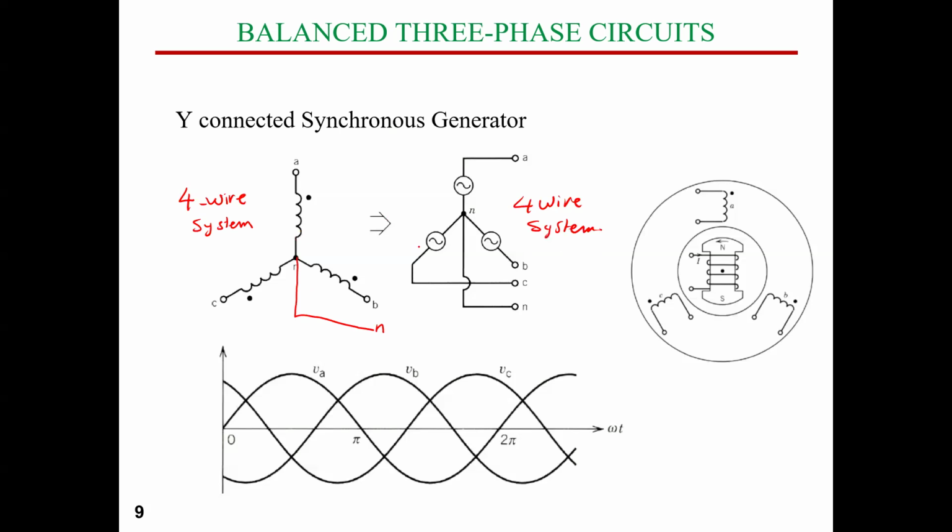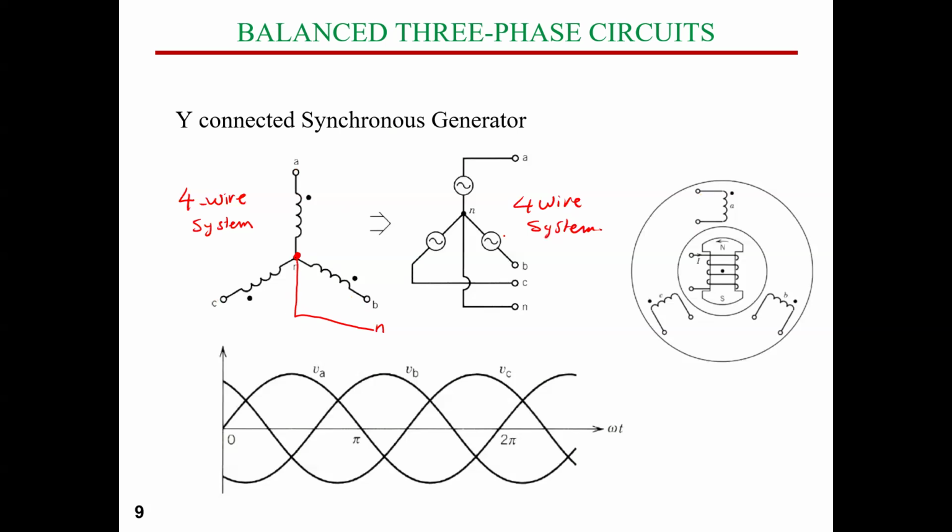So in this synchronous generator, guys, the three phase windings are already wound inside the machine, and every phase will have two terminals, and these two terminals are connected outside like that. Three starting terminals A, B, and C, and three end terminals are connected to the point little n, and then connected to a fourth wire.